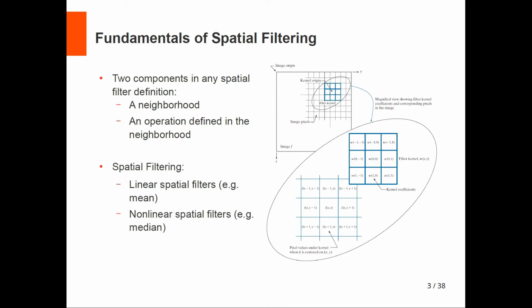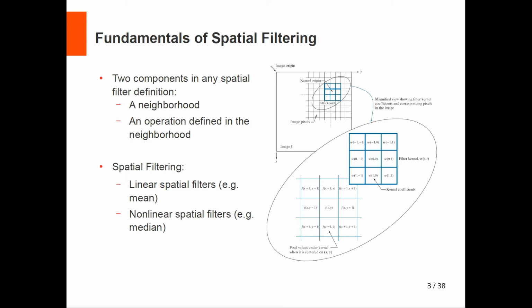So one thing that you should notice is that that is only one way that we can have spatial filtering. In fact, there are two ways we can have spatial filtering. We can have linear spatial filters in which the procedure, as I described, is basically producing some element-wise multiplications and then summing all the results to get the final value for the response of the image to the filter.